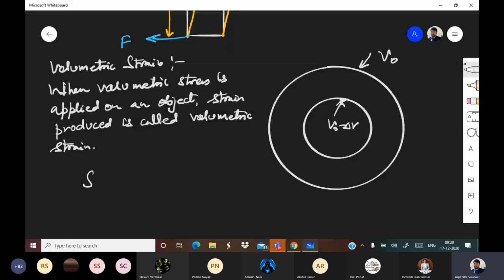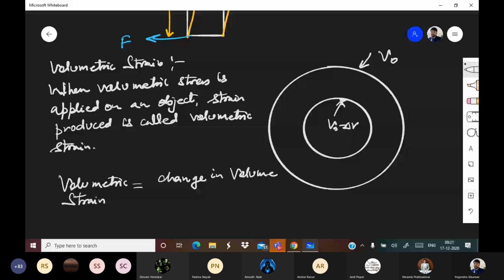Okay, so write in words first. Volumetric strain is equal to change in volume upon original volume. So volumetric strain is equal to minus delta V upon V naught.